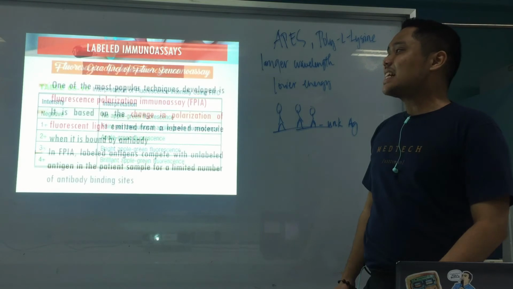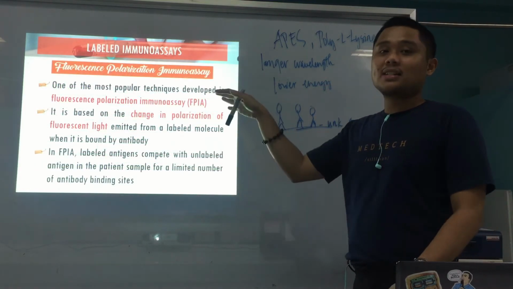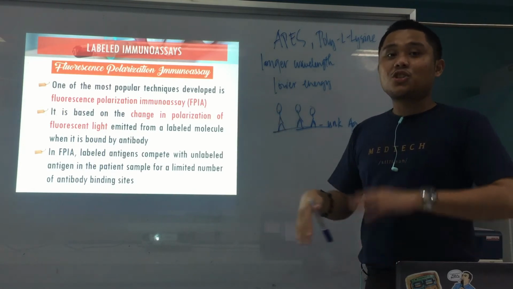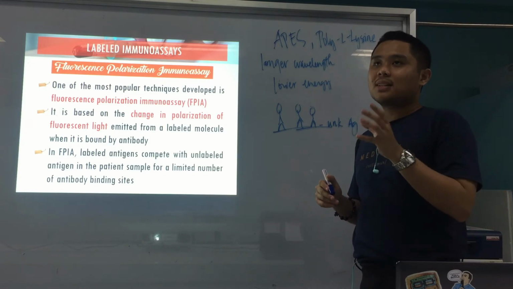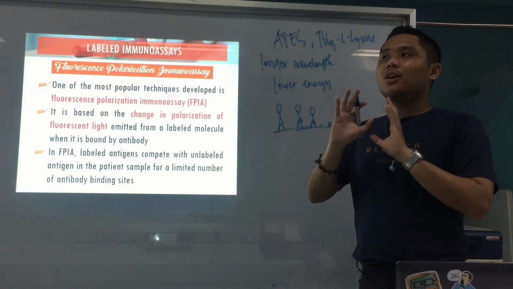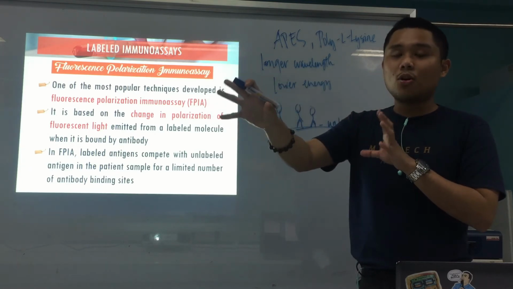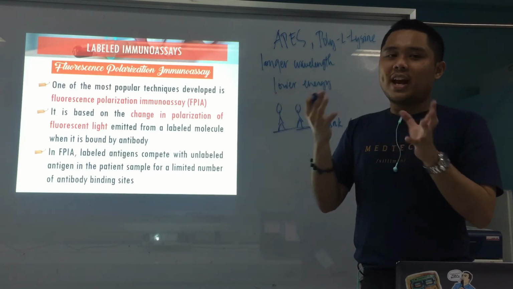The last type of fluorescent immunoassay is the fluorescence polarization immunoassay. What we detect here is a change in polarization. I forgot the exact meaning of polarization, but I think it is the direction the light takes after you change something.